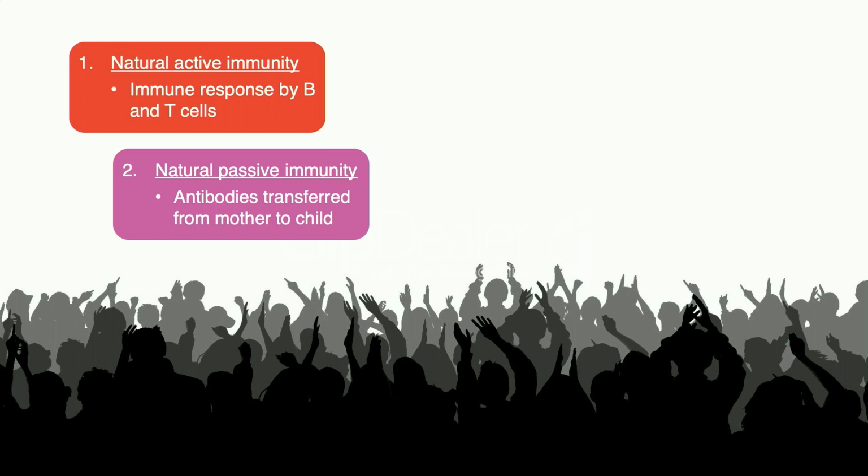These are immune features and antibodies that the child wasn't producing initially, that were given them by the mother, that enhances their immune system, improves their acquired immunity. Both of these are natural ways that our immune system is boosted.